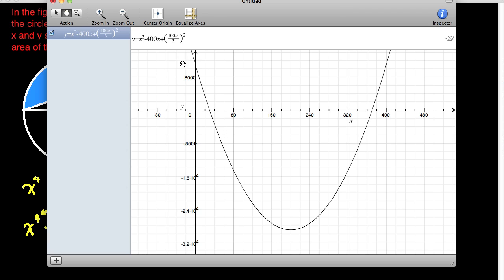But this polynomial, which I plotted here as z squared minus 400z plus (100 pi divided by 3) squared, crosses 0 at two points. It crosses 0 right here, and it crosses 0 right there. So I solved for those, by completing the square, and I also checked my answer by plugging into the quadratic formula.